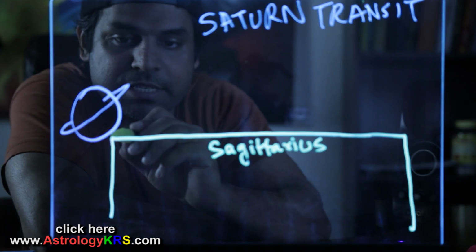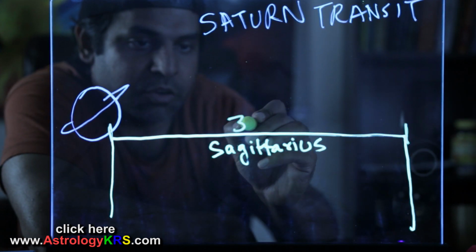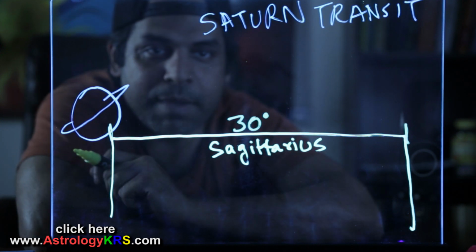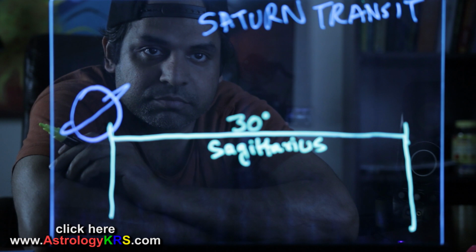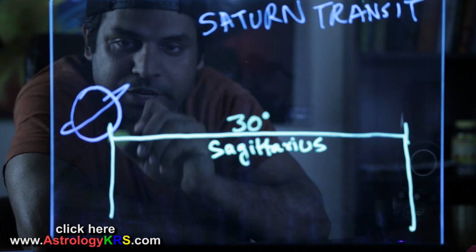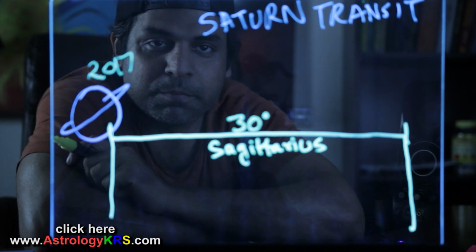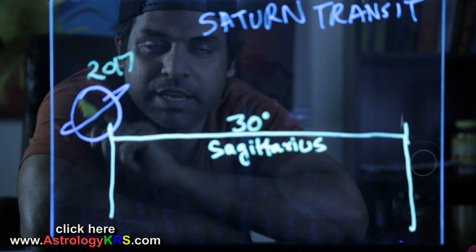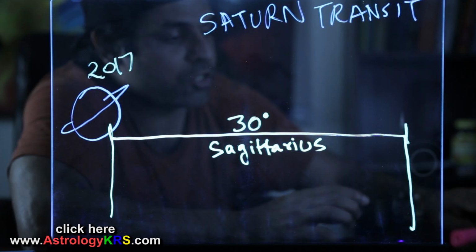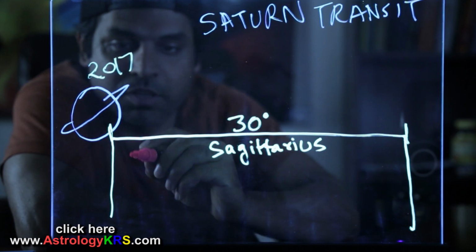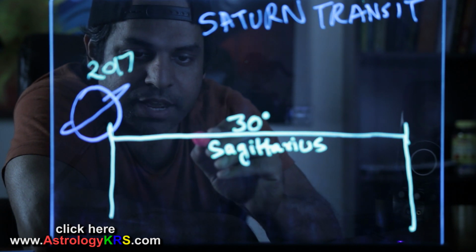This zodiac sign of Sagittarius is 30 degrees long. Imagine this space is 30 feet long. So Saturn is now entering Sagittarius in 2017.